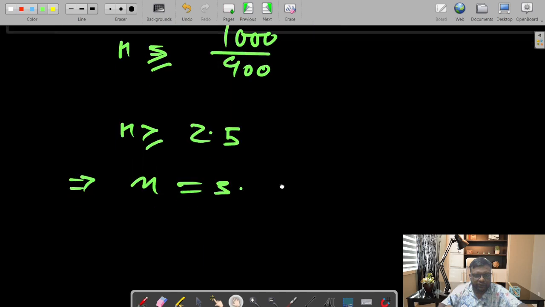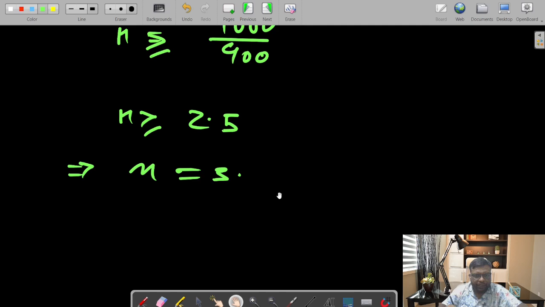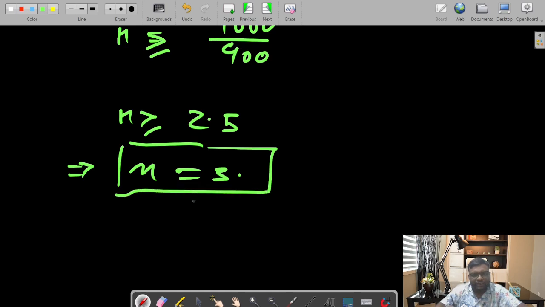So here the minimum number of capacitors is 3 across each row. Okay, so we have got this minimum number of capacitors across each row should be 3.